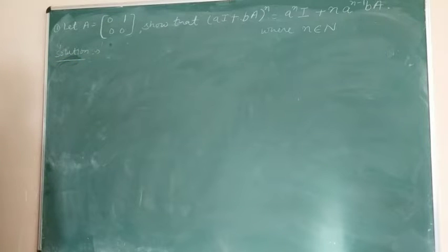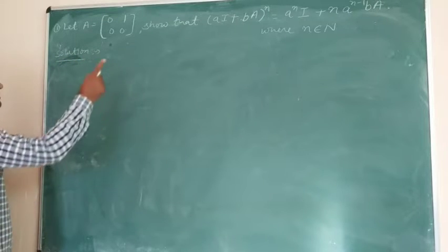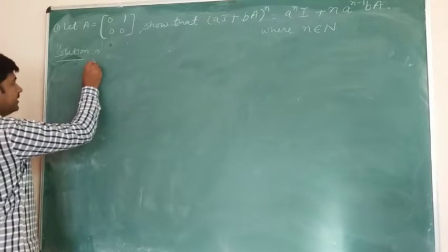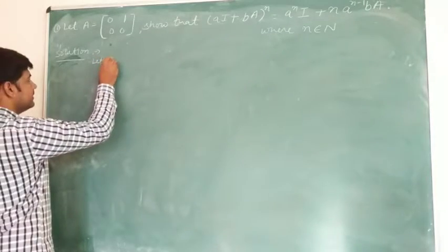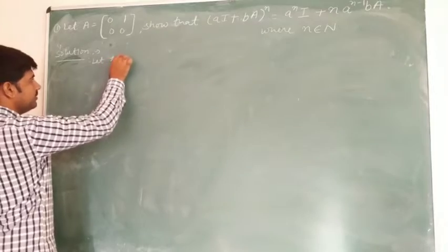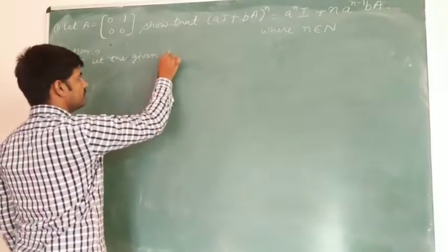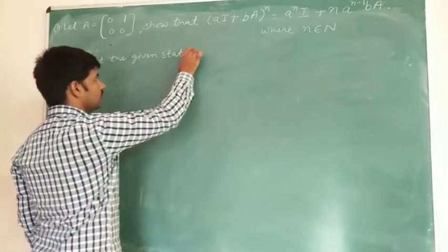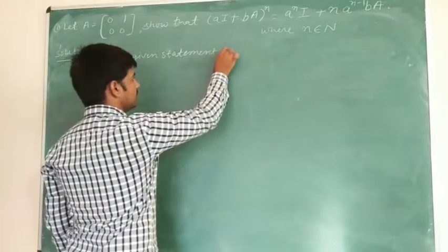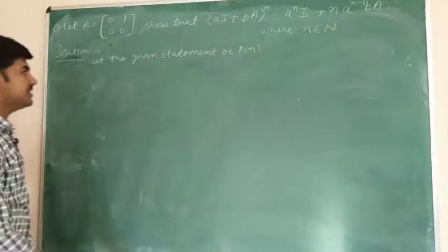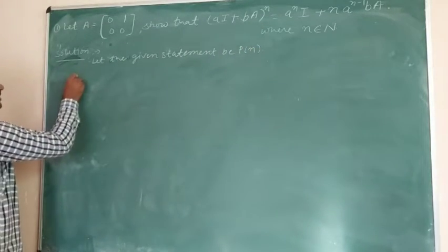dear students, first of all the given statement is this. So I am first writing, let the given statement be Pn. I have named this particular statement Pn. So what is Pn here?